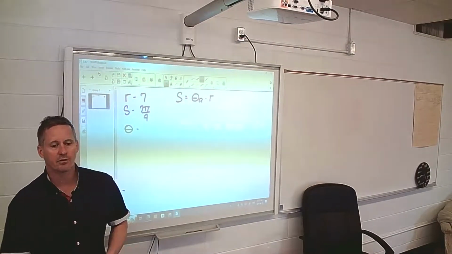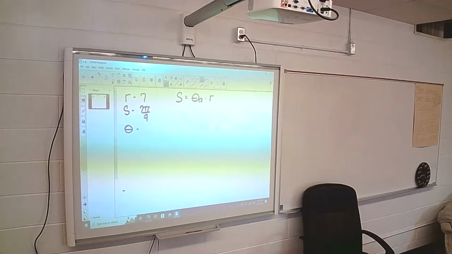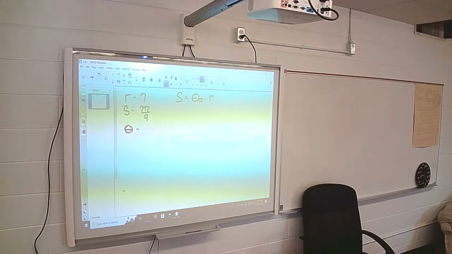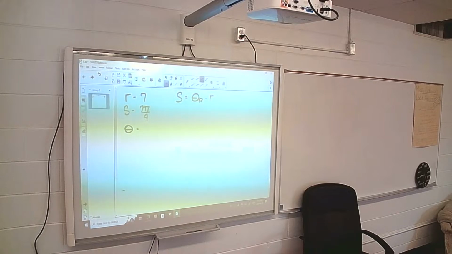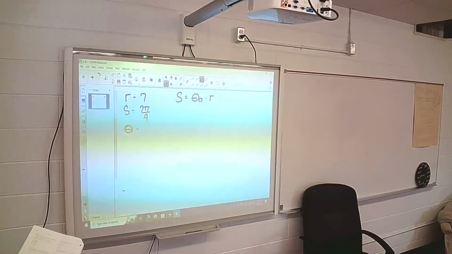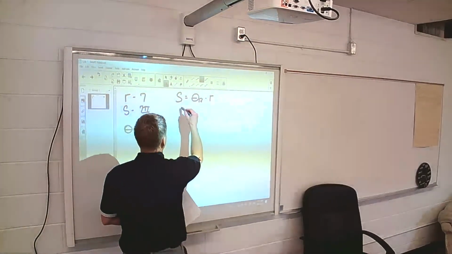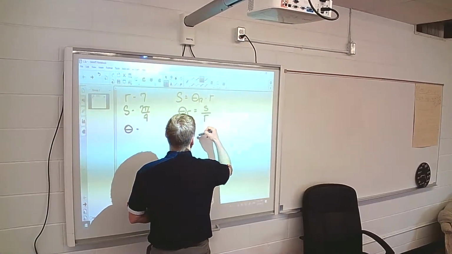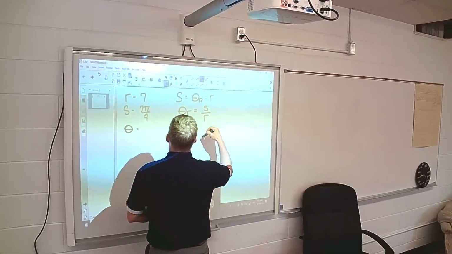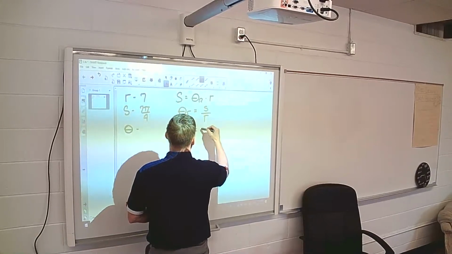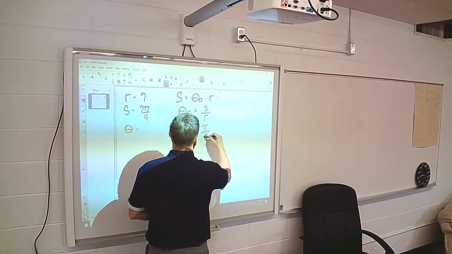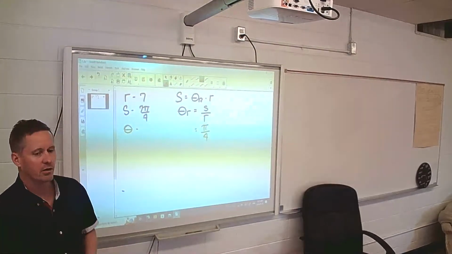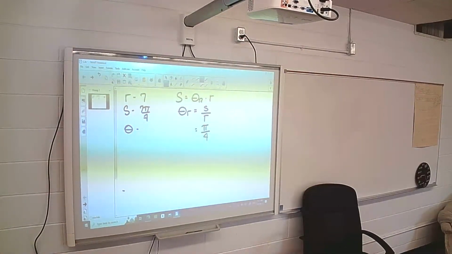They're always going to give you 2 pieces of information out of 3. The key to this is that the angle itself has to be in radians. Okay? So it says find the angle first. To find the angle, you go S divided by R, which is pi over 4. 7 pi over 4 divided by 7 is pi over 4.